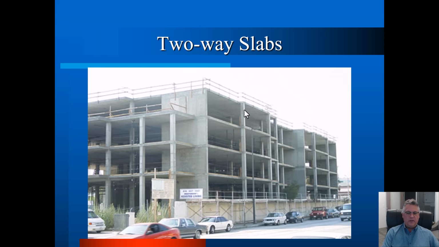This is probably the most popular type of post-tensioning system there is, the flat plate with no beams. We effectively create beams within this very thin slab. So we'll create beams in one direction, and we will run uniform tendons in the opposite direction, effectively supported by those beams.